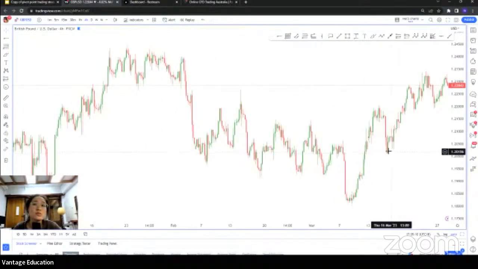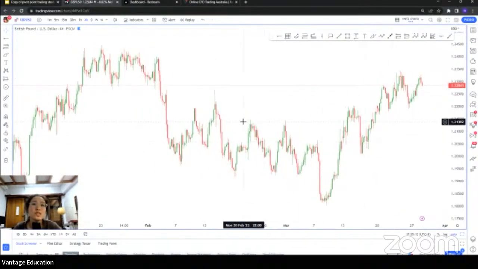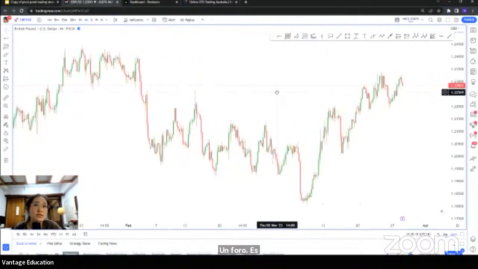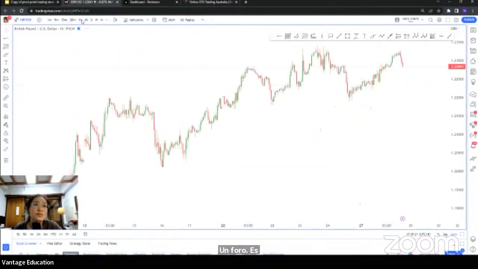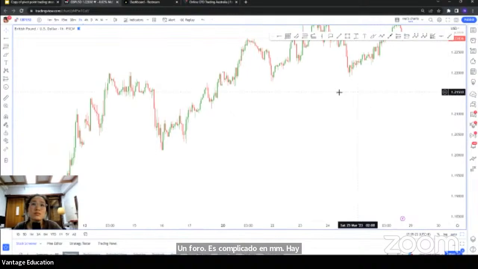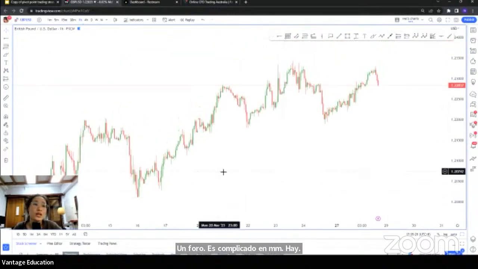Here's the 4 hours. On the 4 hours compared to the daily, you can see a much clearer movement in price. So here's the 1 hour.